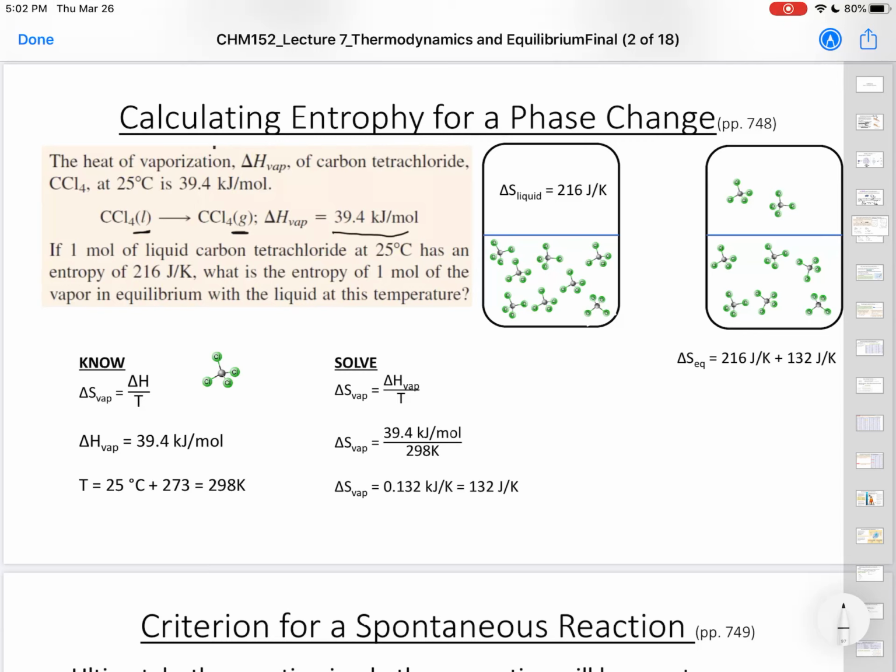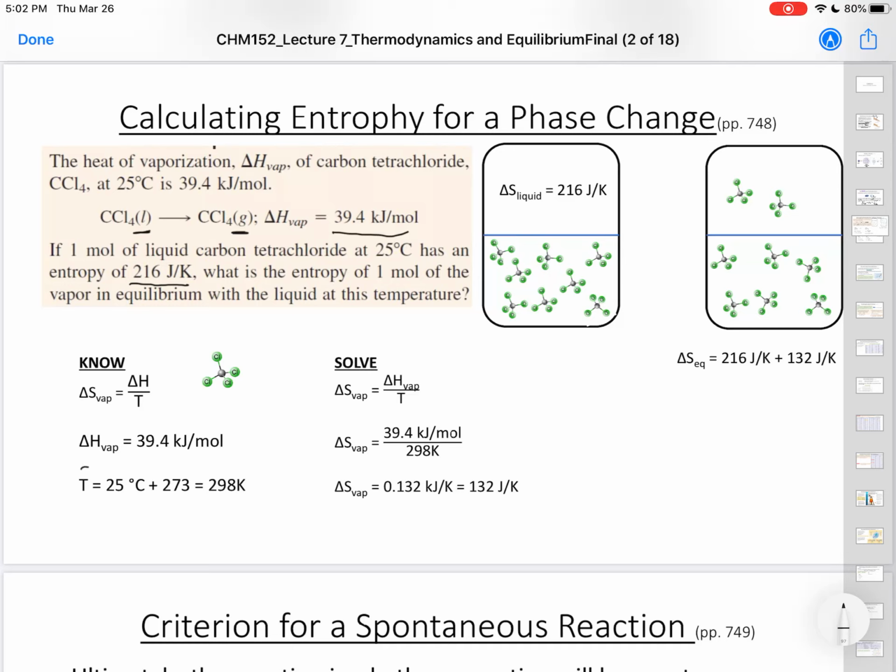And that change of state is a delta H of 39.4 kilojoules. So if 1 mole of liquid carbon tetrachloride has an entropy of 216 joules per Kelvin, what is the entropy of 1 mole of the vapor in equilibrium with the liquid at this temperature, okay?